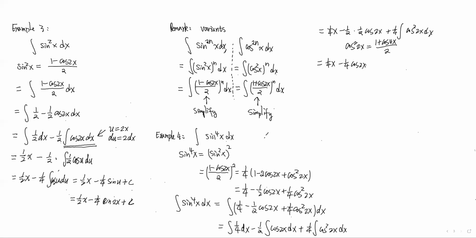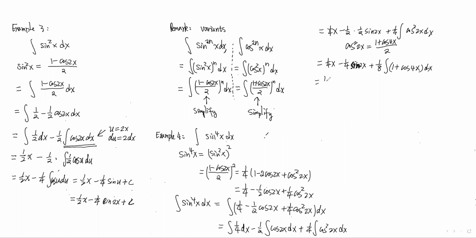Right? I think it's right, yeah. Cosine 2x. No, I think I made a mistake. This is sine 2x. So this is sine 2x, plus 1 over 4, 1 over 8, 1 plus cosine 4x dx.